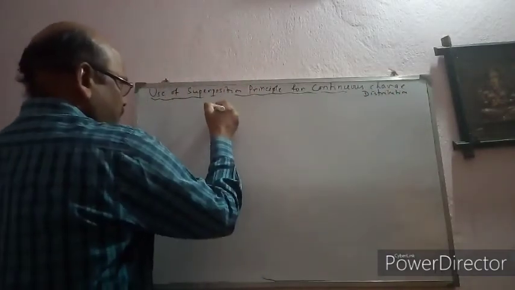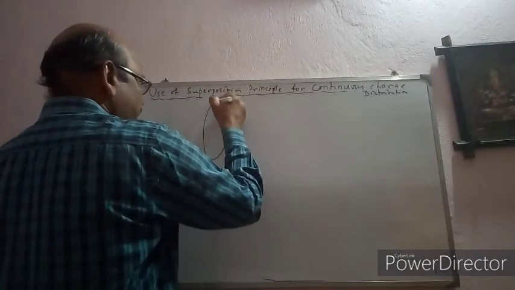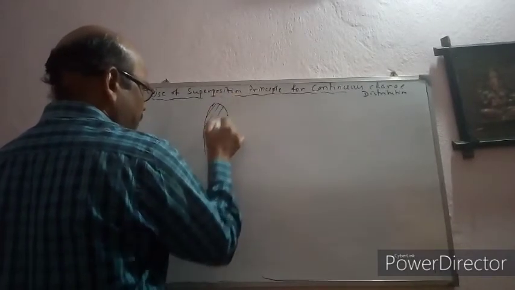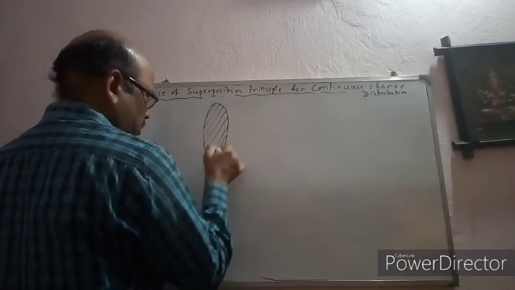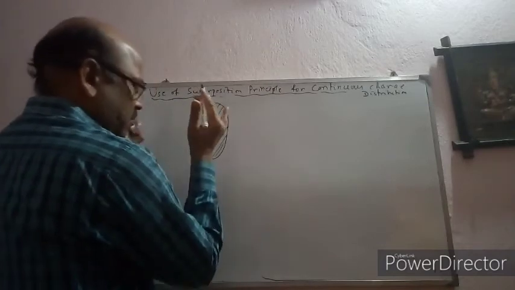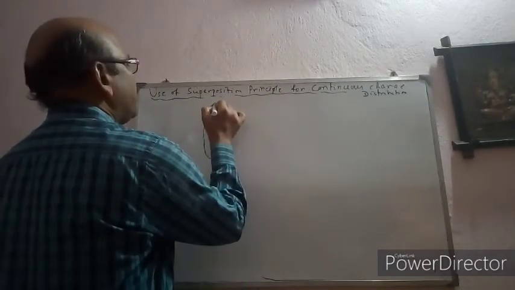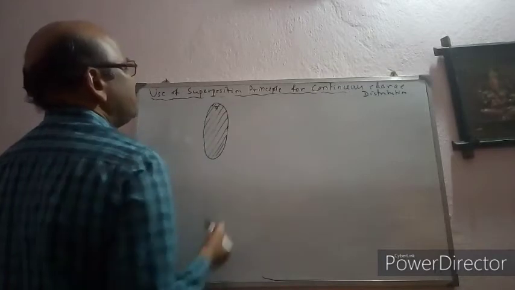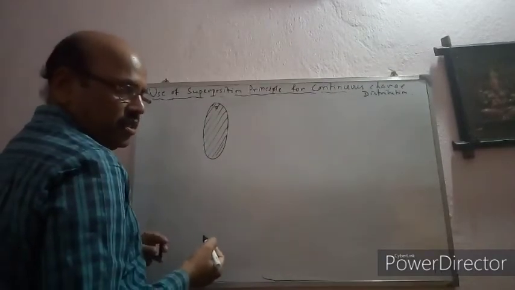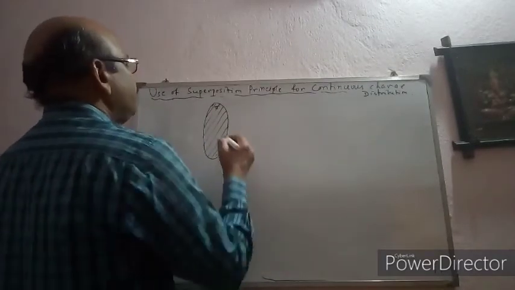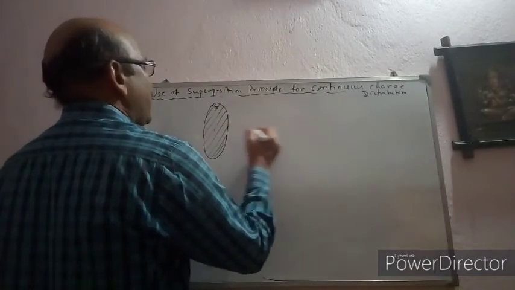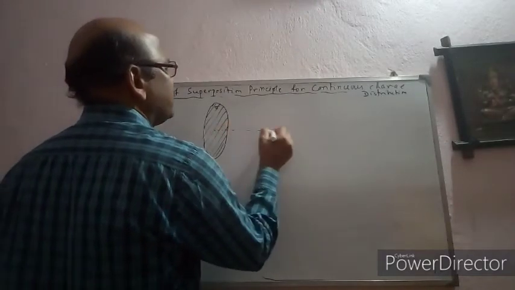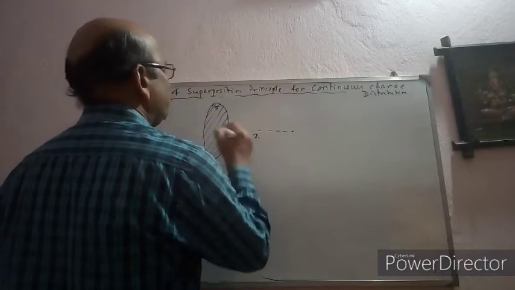Suppose charge is uniformly distributed on a circular plate. This is a circular plate. The cross section of the plate is perpendicular to the plane of the board, and it contains surface charge density sigma, charge per unit area, and we want to find electric field intensity at any distance, say x distance from this plate.